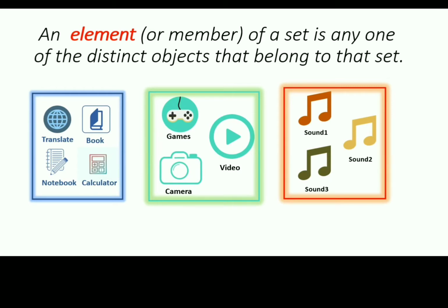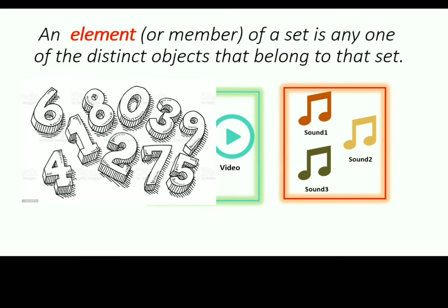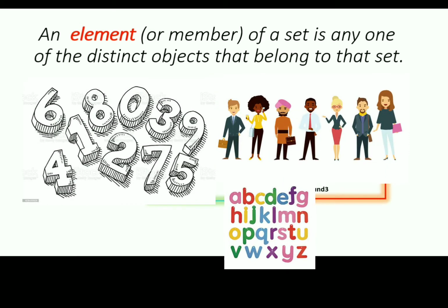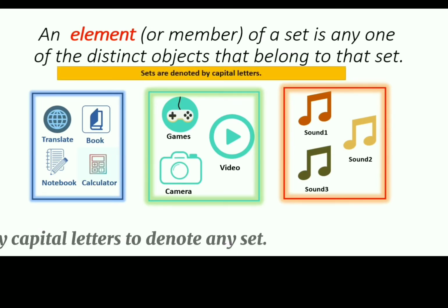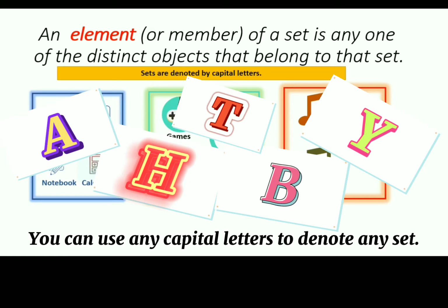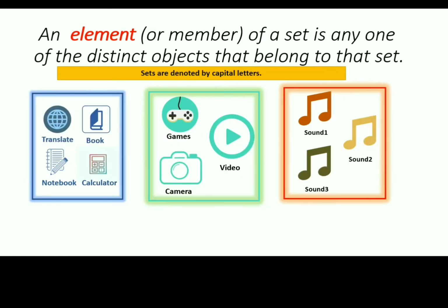Objects that make up a set, in other words, elements of a set, can be anything: numbers, people, letters of the alphabet, and so on. We are going to analyze elements, but before this, one more thing. Sets are denoted by capital letters. You can use any capital letters to denote any set. You are free.